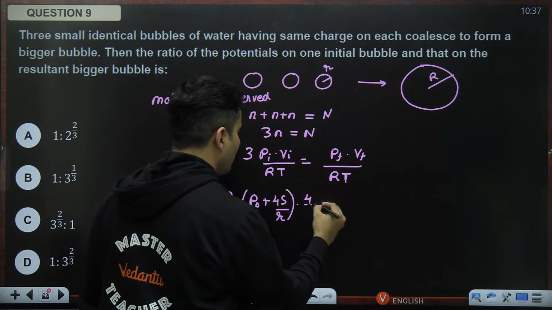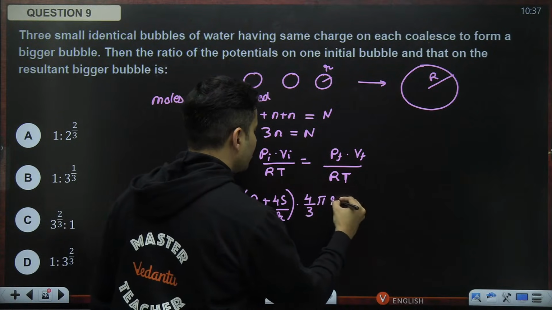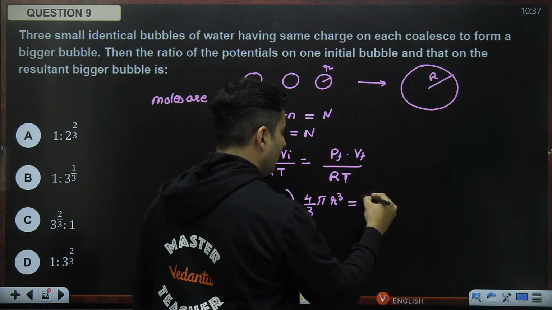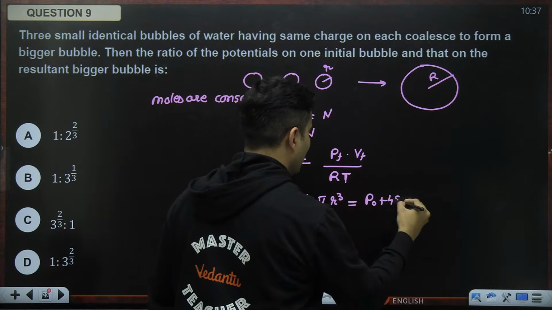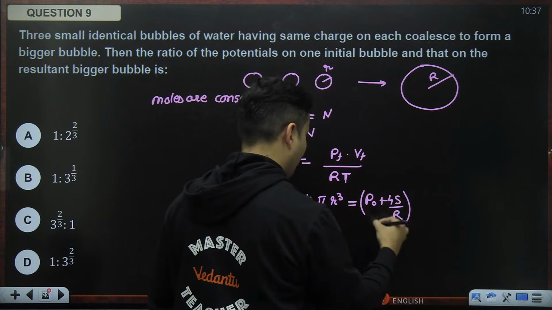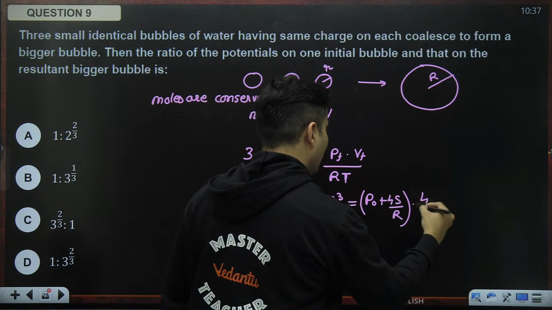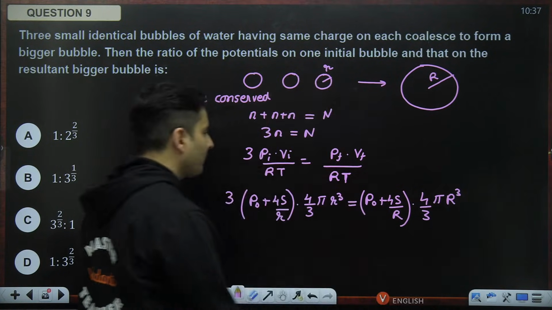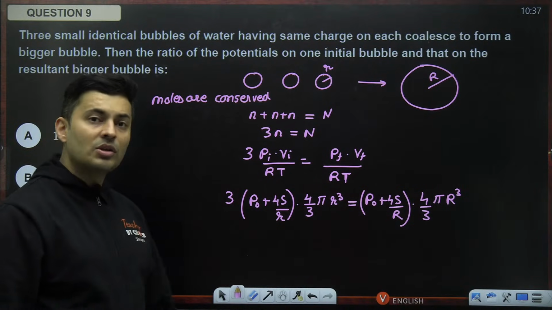And volume initial will be 4 by 3 pi small r cube, with pressure inside being outside pressure plus 4S by capital R, and this will be equal to 4 by 3 pi capital R cube. This is what the actual expression should look like.